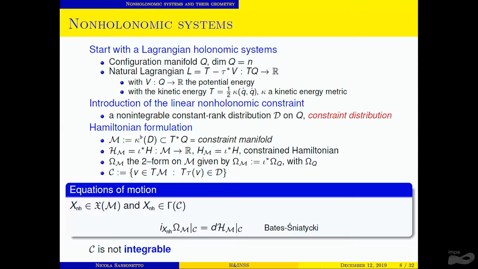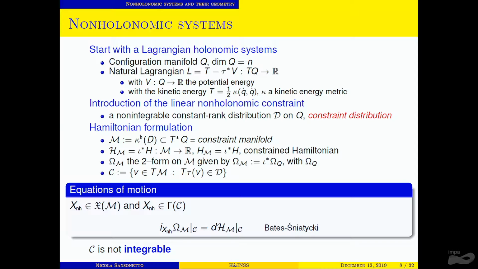So we consider the constraint manifold M, which is the image via the Legendre transform of the distribution D. And then we have these two objects, H_M and omega_M, which are the restriction to the constraint manifold of the Hamiltonian and of the symplectic form. And then we define this distribution C, given by the vectors tangent to M that project onto the constraint distribution. So this is a distribution on M.